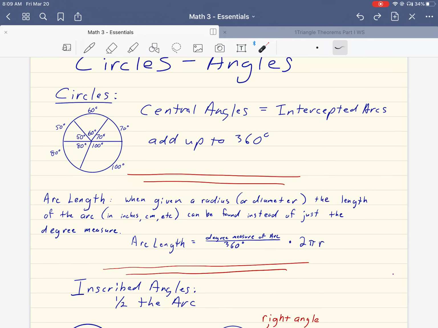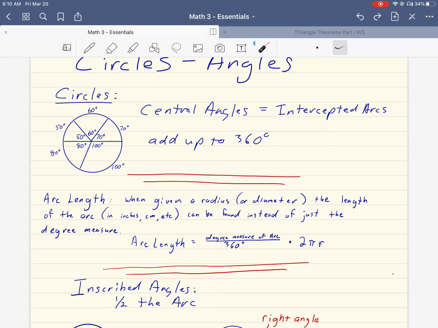Arc length. So each of these pieces, when you take the circumference and break it up into pieces, these are arc lengths. To find out my arc length, we're going to use this formula right here. The degree measure of the arc over 360 times 2 pi r. You should recognize 2 pi r as my circumference formula.